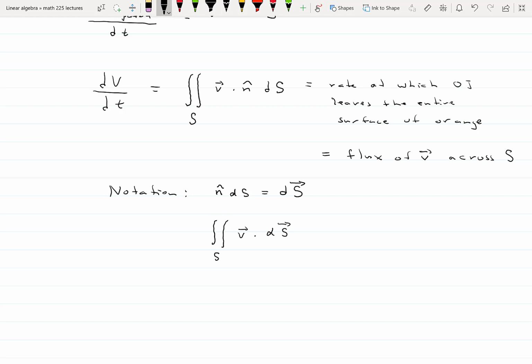I'm uncomfortable with viewing surface area as a vector, but you can visualize dS as a vector quantity, where the length of dS is just the area of the patch of the surface, and the direction is normal to the surface.